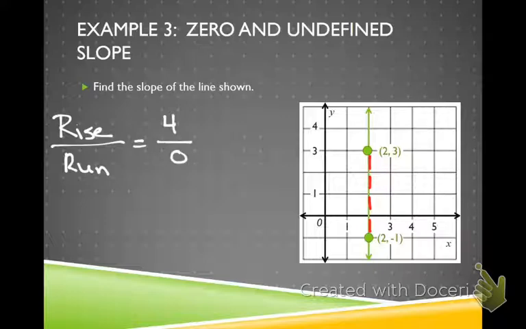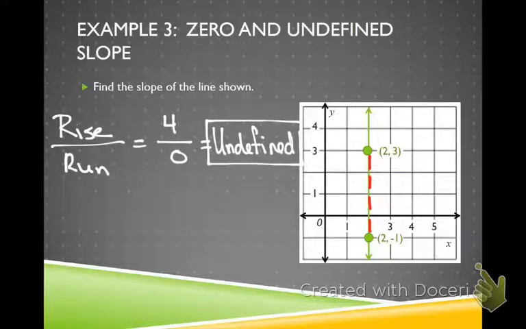So anytime 0 is in the denominator, meaning the run is 0, this is what we call an undefined slope. And you need to make sure that you label that. Anytime you see a vertical line, you're going to say that the slope is undefined. Or anytime you see a fraction with a denominator of 0, you're going to label it an undefined slope. All right, so you're going to see it in different formats.